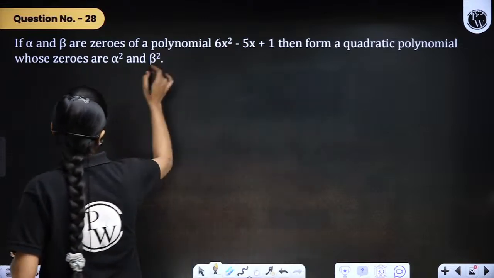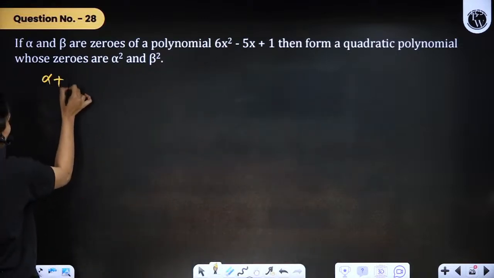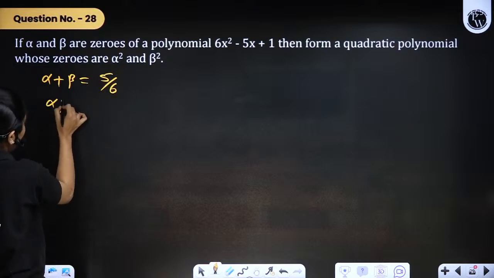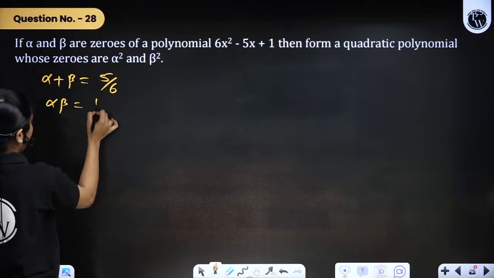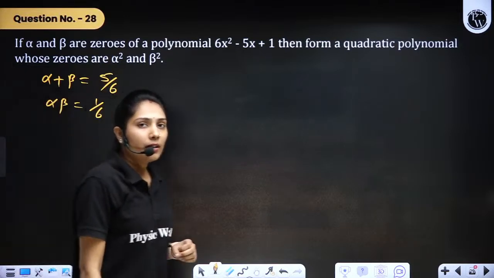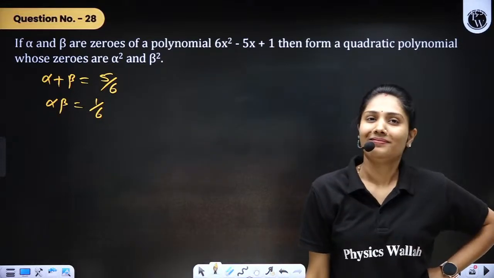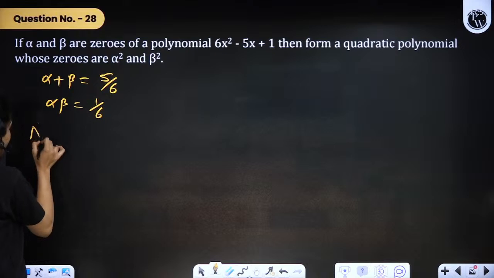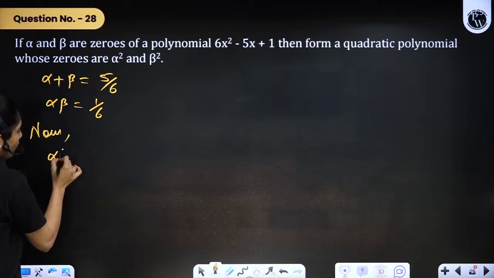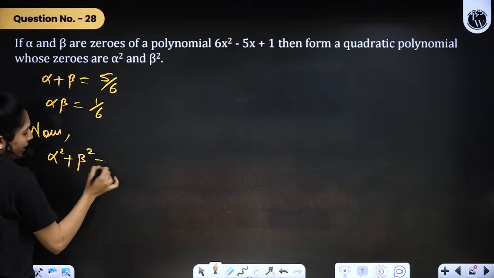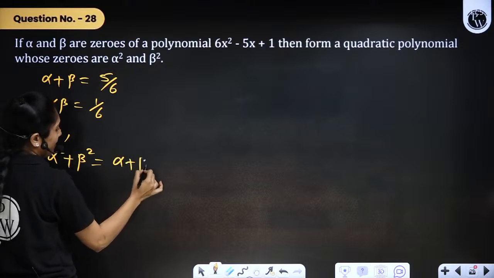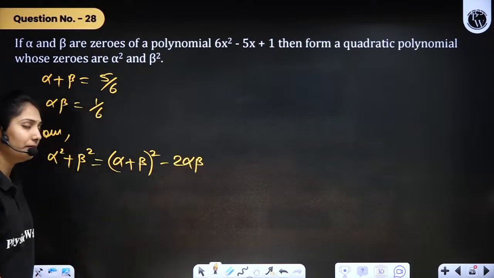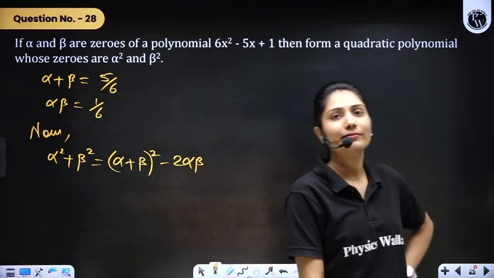So if alpha and beta are roots, I can say alpha plus beta is 5 by 6 and alpha into beta is 1 by 6. Now alpha square and beta square are the roots. Alpha square plus beta square, I can write as alpha plus beta whole square minus 2 alpha beta. Yes beta, can I write it like this?